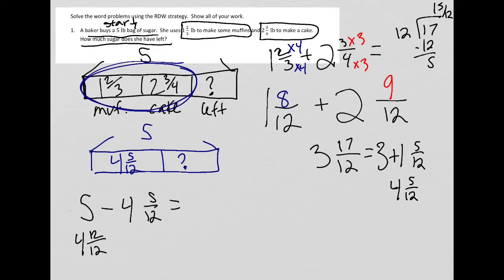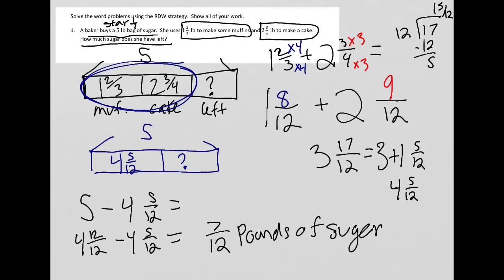And the reason I'm writing 12 twelfths is because my denominator is 12, so I might as well make it easy for me. So 4 and 12 twelfths, because that's the same thing as 5, minus 4 and 5 twelfths. 12 minus 5 is 7 twelfths, and 4 minus 4 is 0. So 7 twelfths is what I have left. So it's 7/12 pounds of sugar are left.